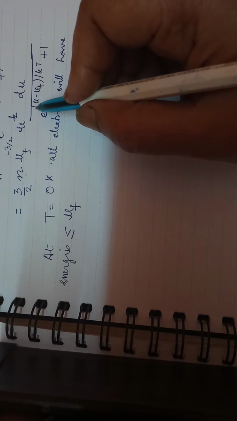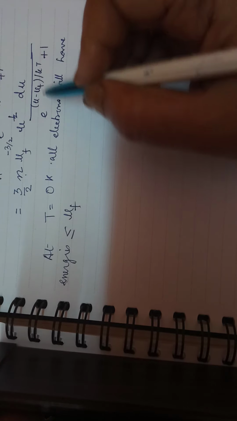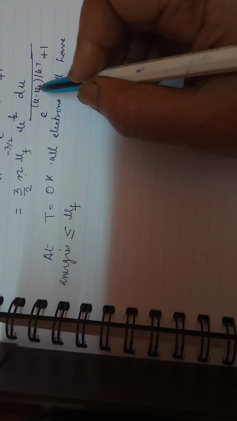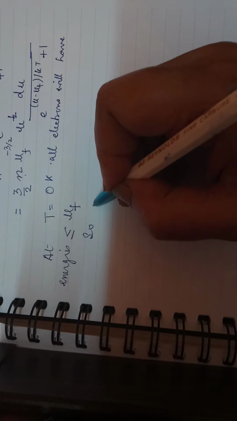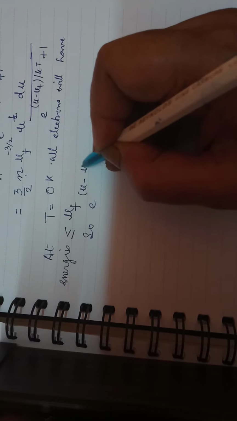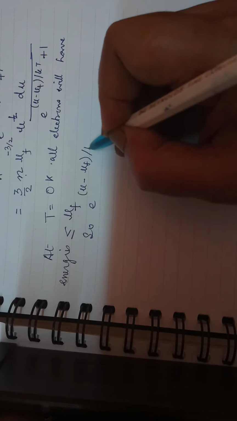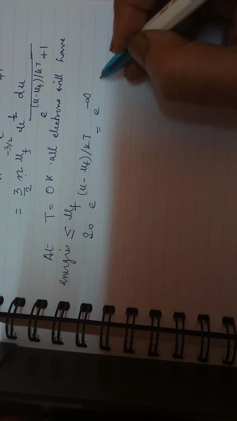If it is less than uF, then u minus uF is negative, and at T equal to 0 it is e to the power minus infinity, so e to the power (u minus uF) by kT equals 0.